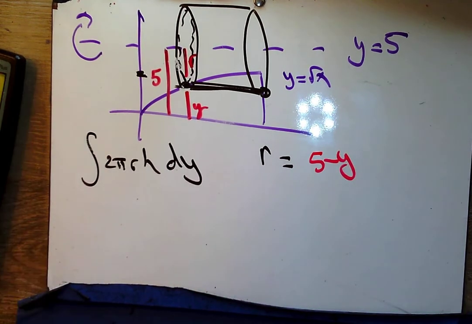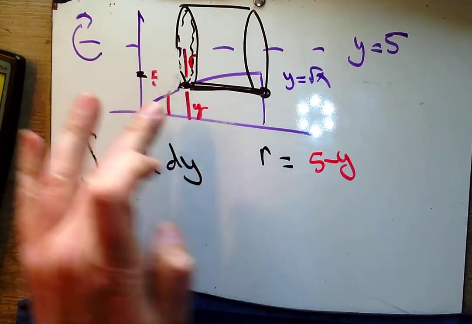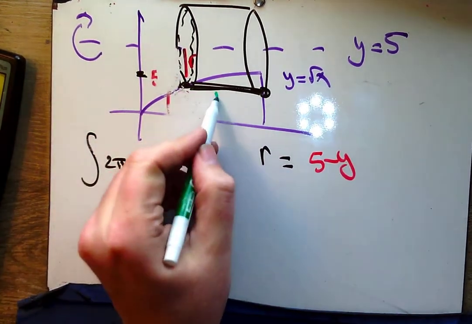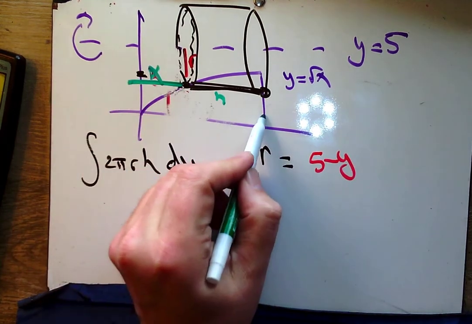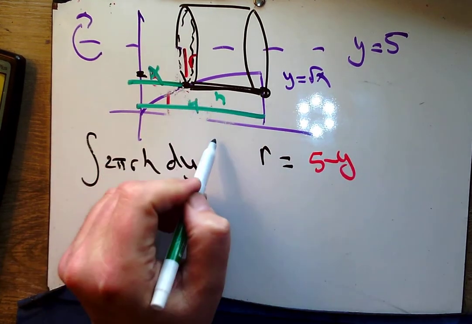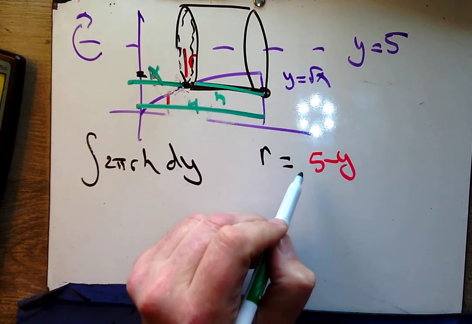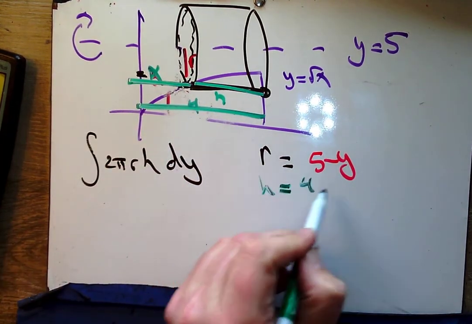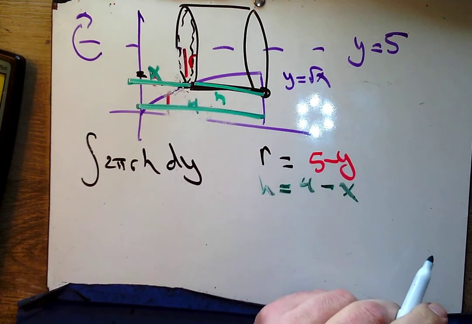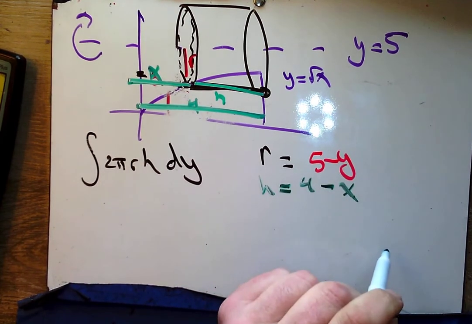What about the height? Well, the height in this situation is not x. This is x. This is 4. So the height is going to be 4 minus x. But I don't want x's. I need y's there.